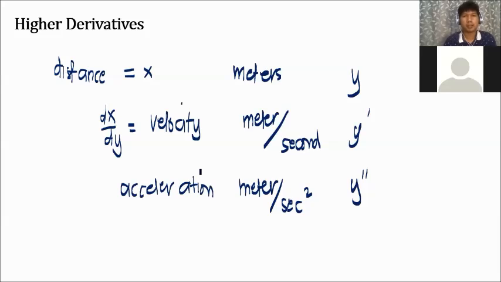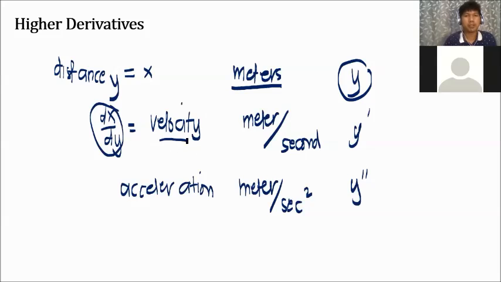So let me repeat that. In physics, there's an example like distances. So y is equal to x. This is distance. Distance is expressed in meters. So that is y. Y is equal to x. And then if you get the derivative of that, it becomes dx over dy, right?